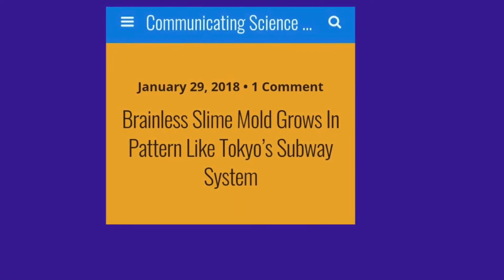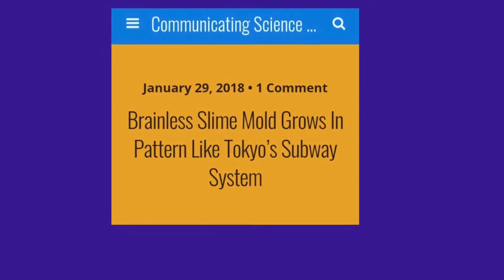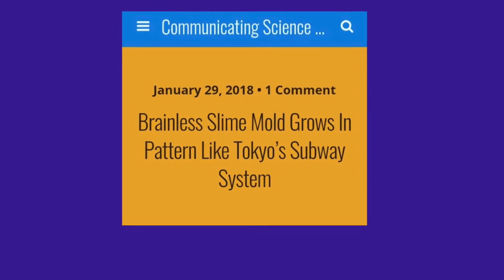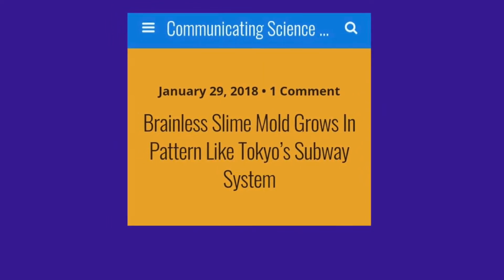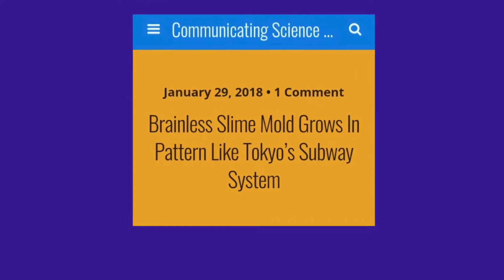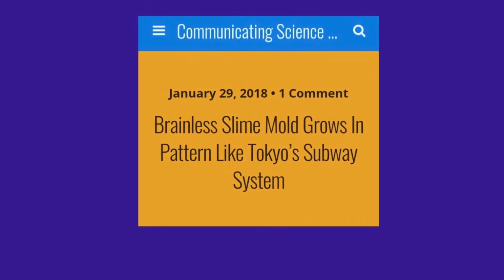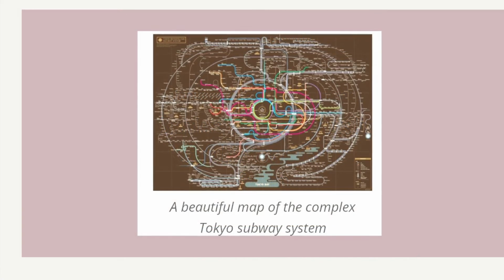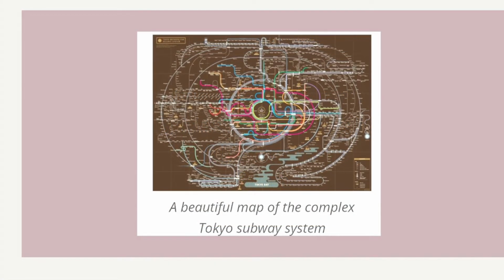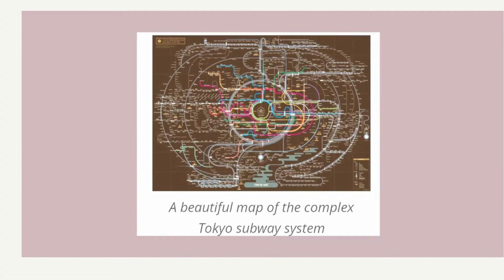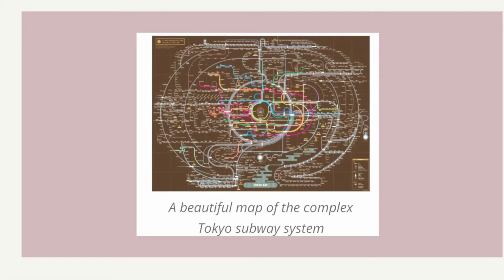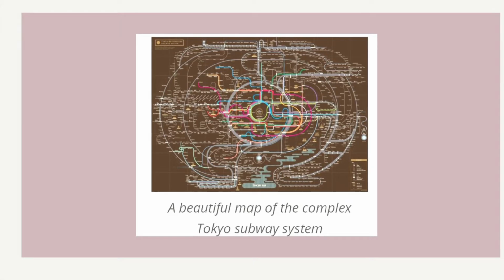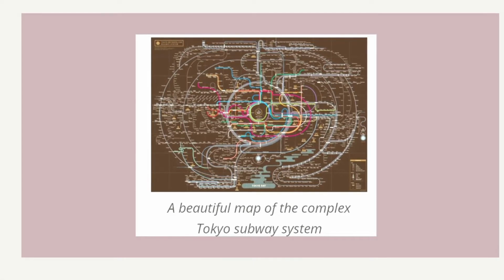A very interesting thing, my cousin has sent this link to me. It is "Brainless slime mold grows in patterns like Tokyo subway system." A very interesting experiment. That diagram shows the Tokyo subway system. Of course it is three-dimensional, only one view is here. They have developed this using gadgets working for decades.